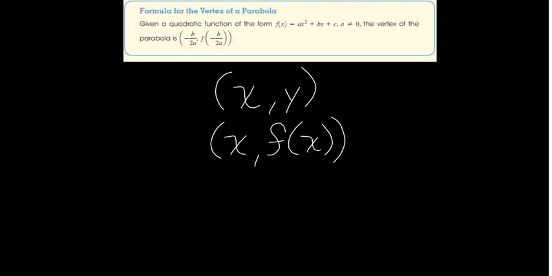So what this equation is telling us is that we get the x value, negative b over 2a, and that becomes just a simple number. And then for the y value, we plug that x value into my function and figure out what that number is. Okay?